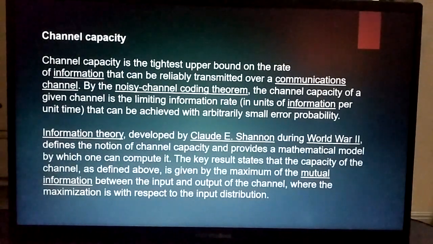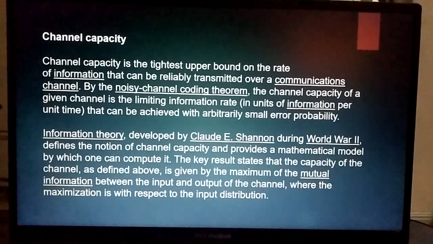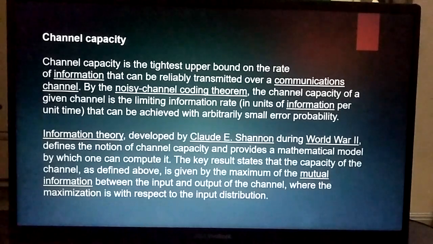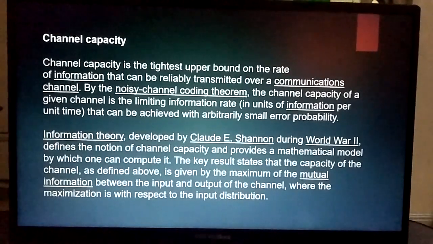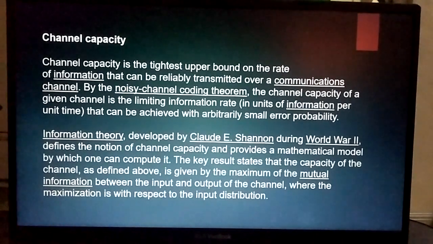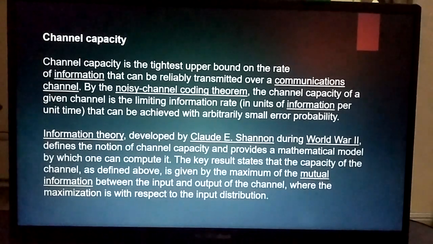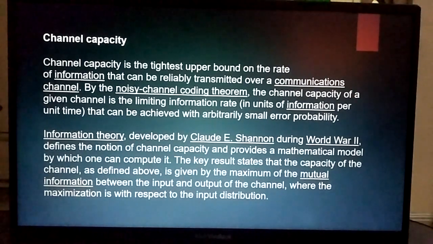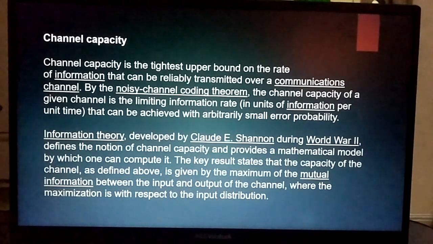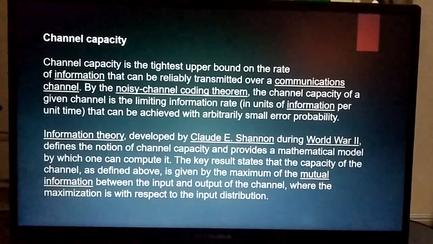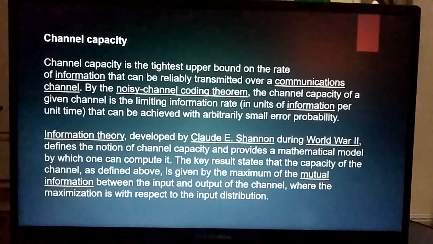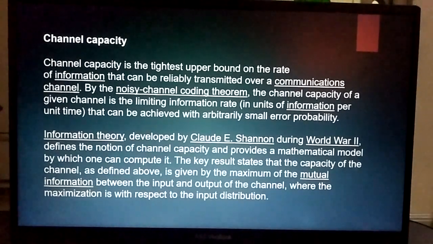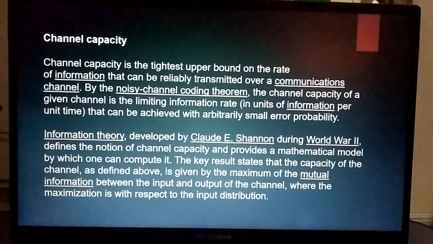Channel capacity. Channel capacity is the tightest upper bound on the rate of information that can be reliably transmitted over a communication channel. By the noisy channel coding theorem, the channel capacity of a given channel is the limiting information rate in units of information per unit time that can be achieved with arbitrarily small error probability.